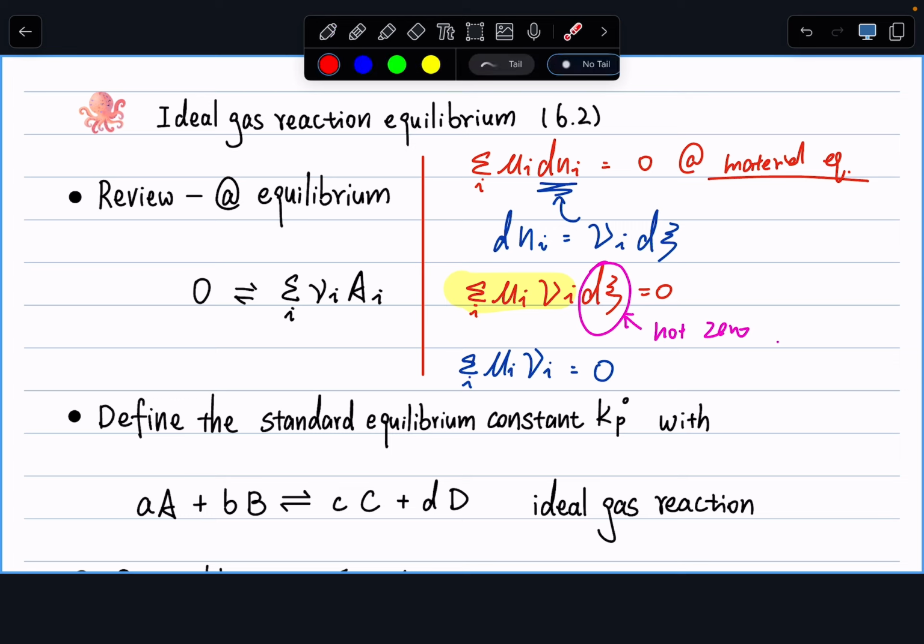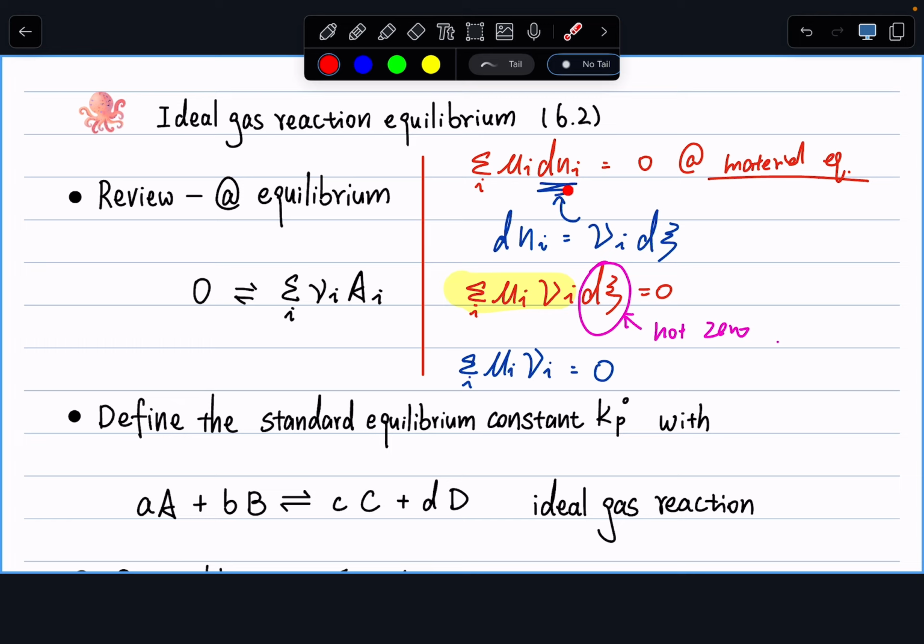A bit of review from last time: for a chemical reaction, 0 goes to the stoichiometric coefficient times your reactant or product. The stoichiometric coefficient is positive for product and negative for reactant. What else do we know about reaction equilibrium? At material equilibrium, the sum of my chemical potential times the infinitesimal change of number of moles of the species must equal 0.